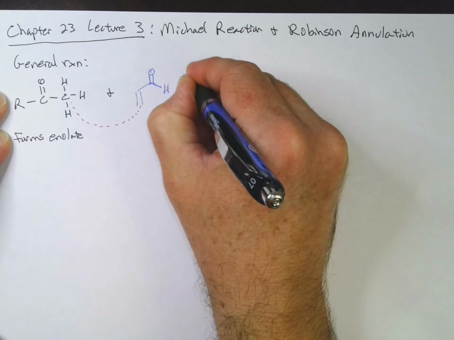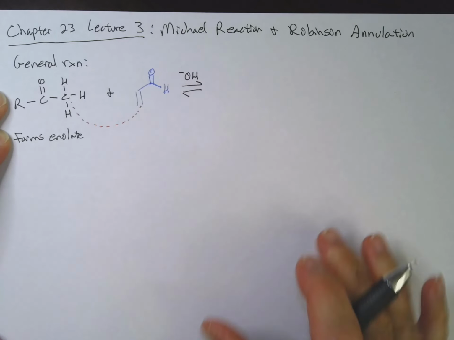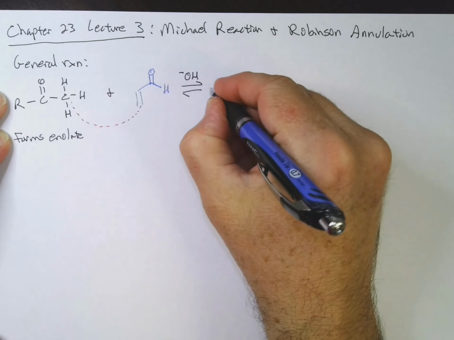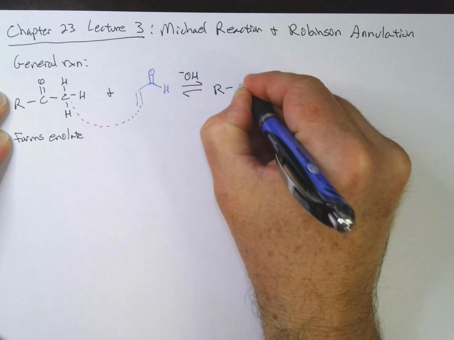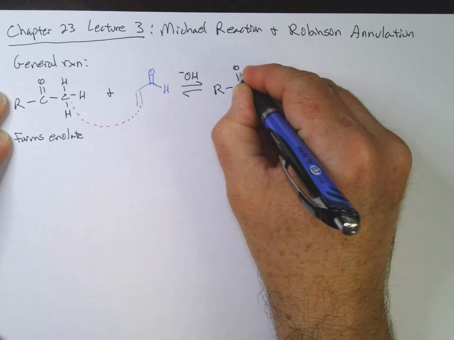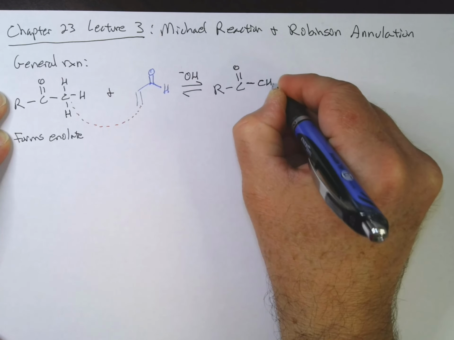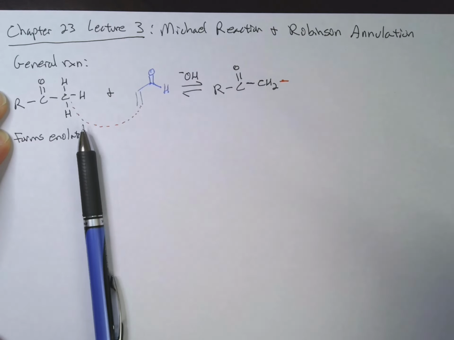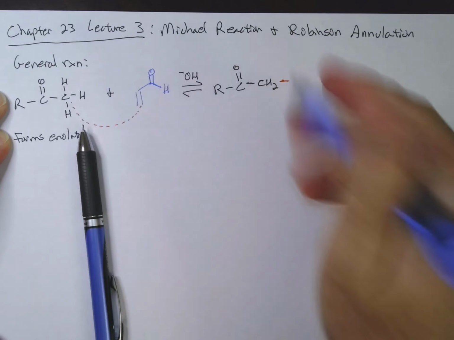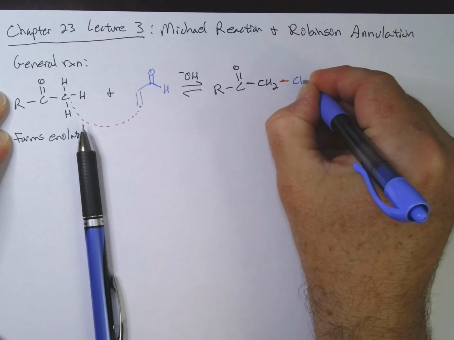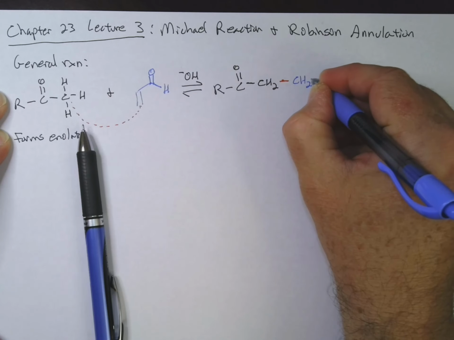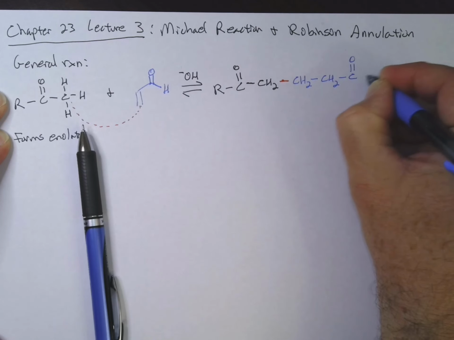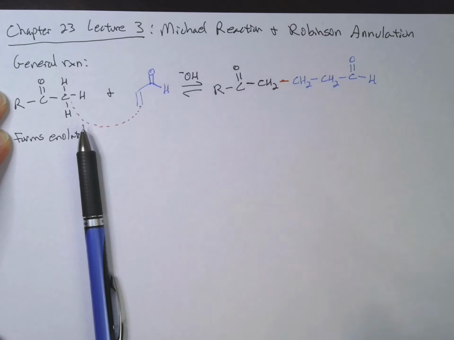So we can do this in base. Might be able to do it in acid, typically done in base though. And we'll get R, C, double bond O, CH2, new bond. That guy is now CH2, that guy's a CH2, that is C, double bond O, H, like so.